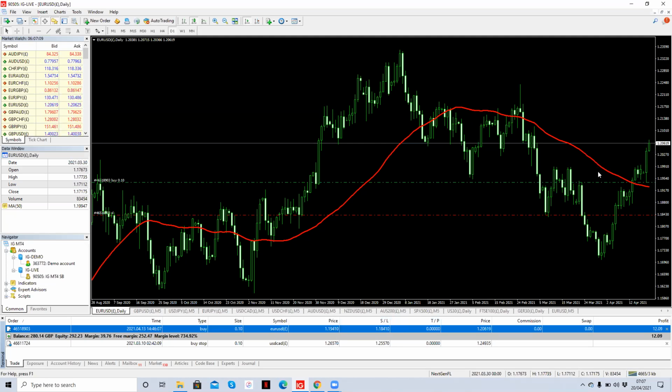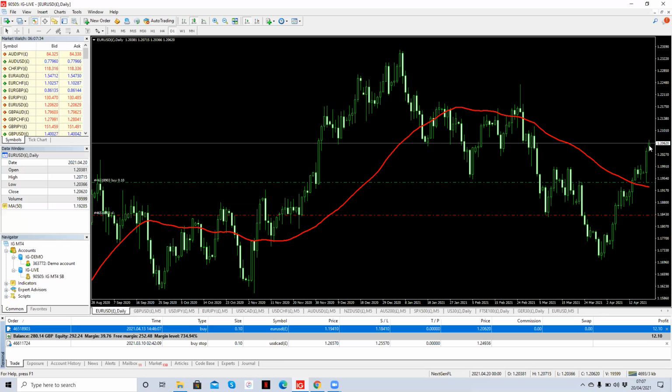So once the market has moved 100 pips in my direction, I'll start moving my stop loss with the moving average, which is what I'll start doing from today. So looking at today, the 20th, if you look at the data window, the moving average 52 today is 1.1928.